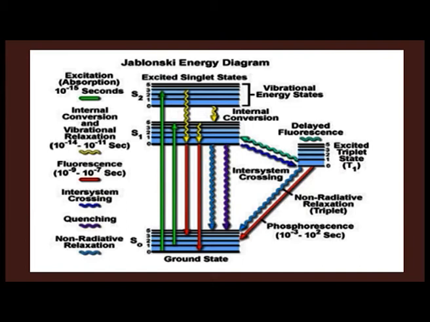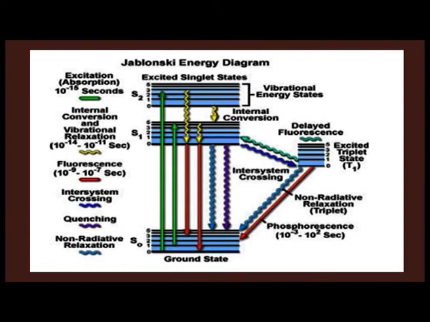Inter-system crossing is also a non-radiative transition between two states having different multiplicity. The process of singlet-triplet transition, or unpairing of electronic spin, depends upon the spin-orbit coupling in the molecule. The process of inter-system crossing is relatively larger in the case of heavy atoms such as sulfur because of higher spin-orbit coupling.